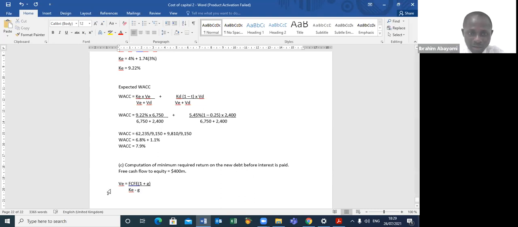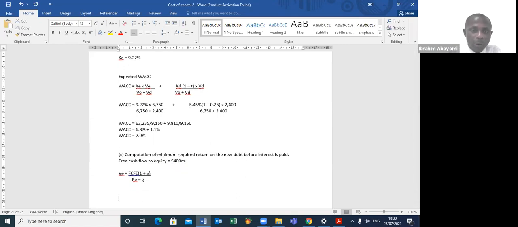I gave you this formula when we were discussing the computation of cost of equity. The only difference is that there I put dividend where we now have free cash flow to equity.